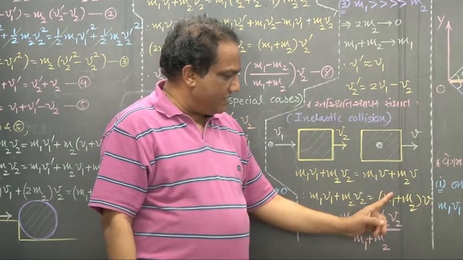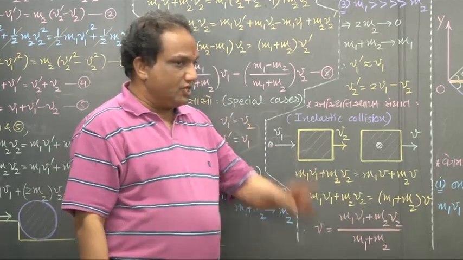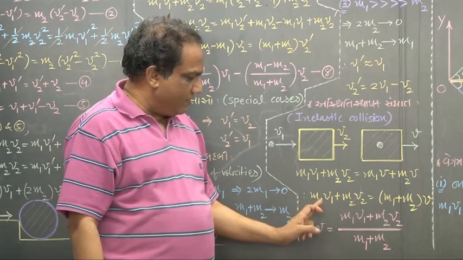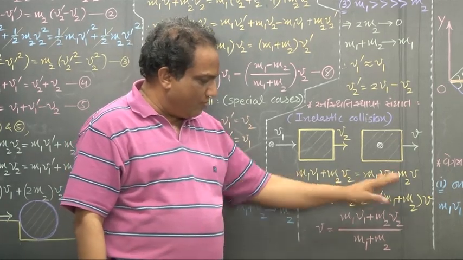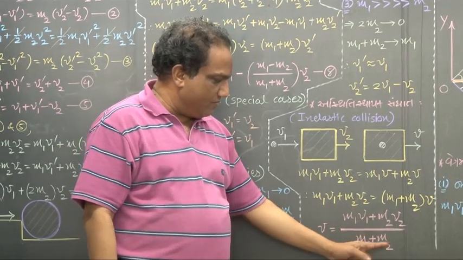Take v common, inside the bracket m1 plus m2, and now find v. So in case of inelastic collision, remember the final common velocity is (m1 v1 plus m2 v2) upon (m1 plus m2).